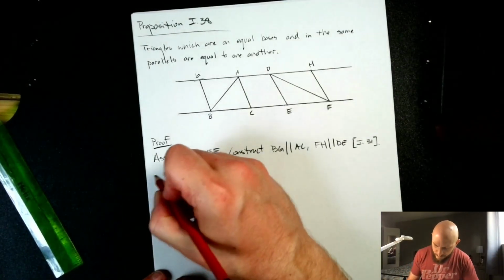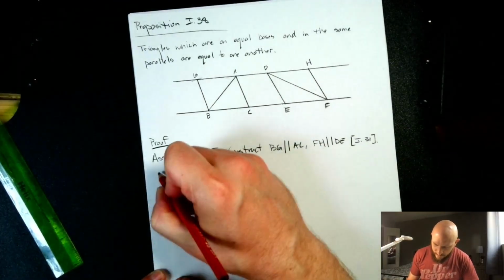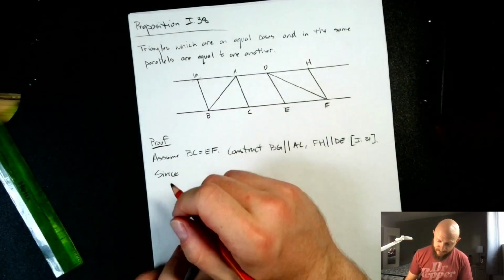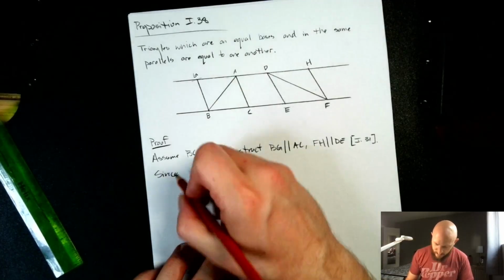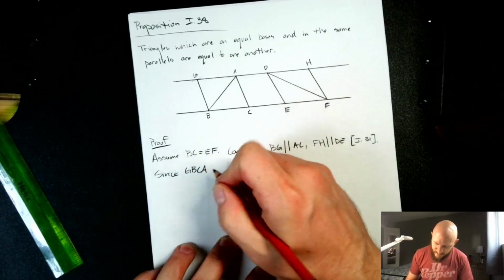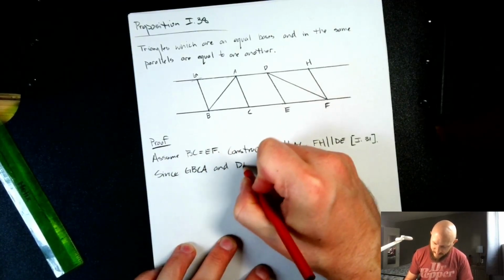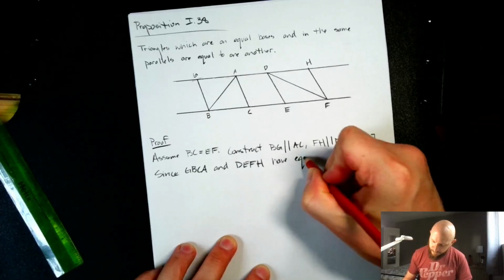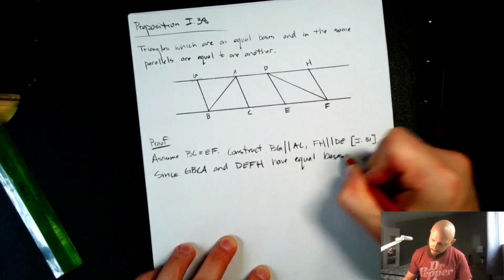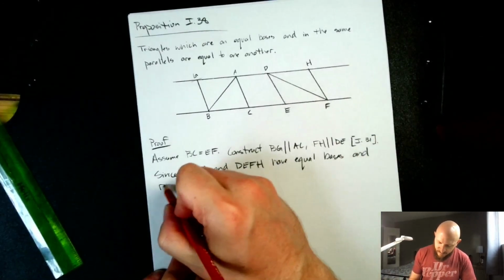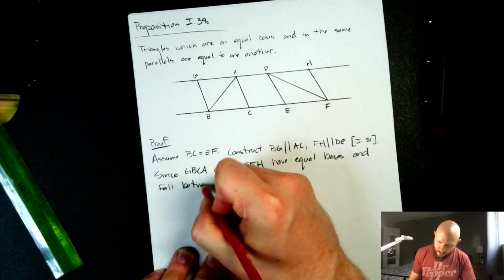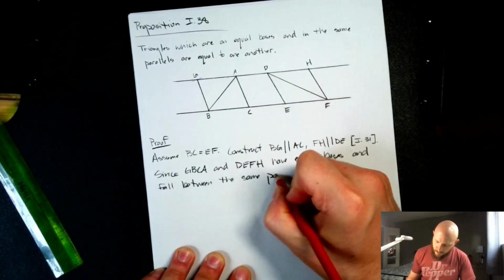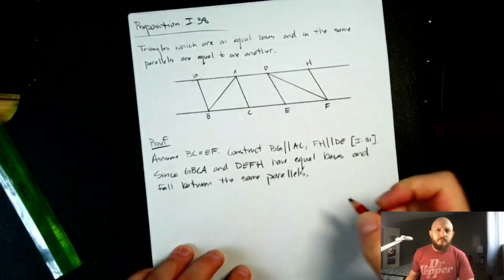But notice, since GBCA and DEFH have equal bases, and fall between the same parallels, what do we get?